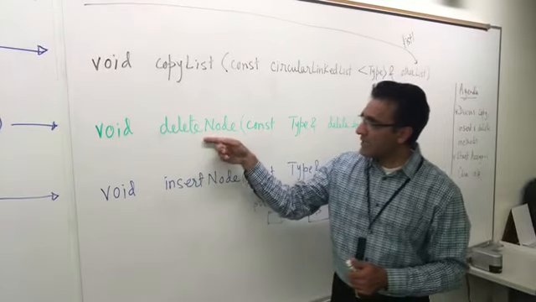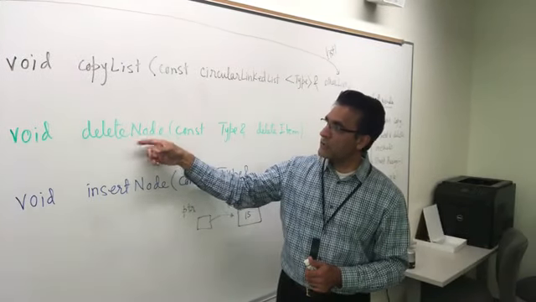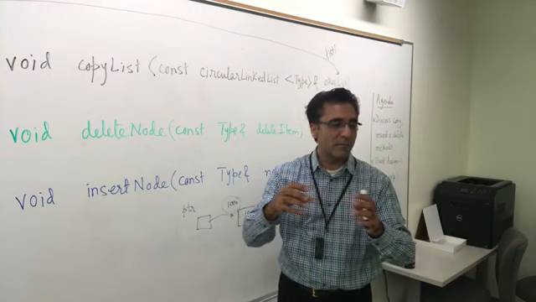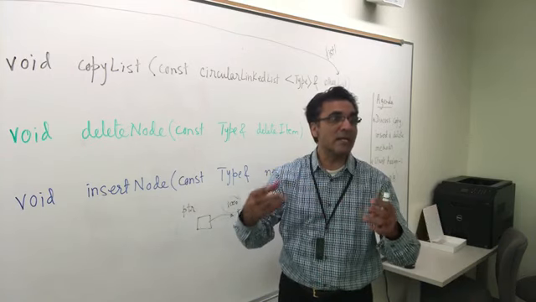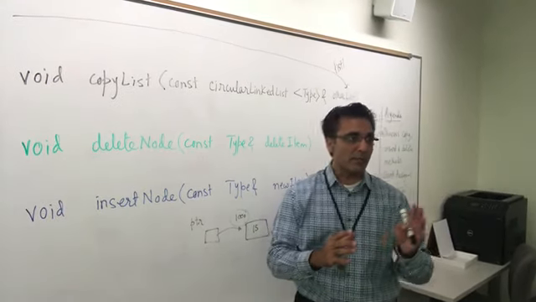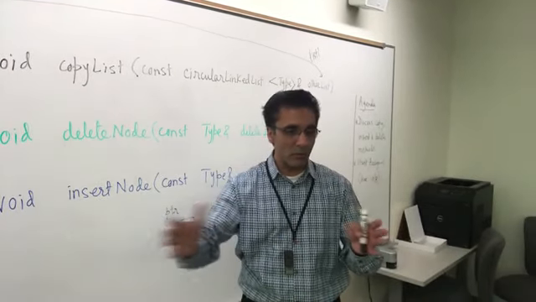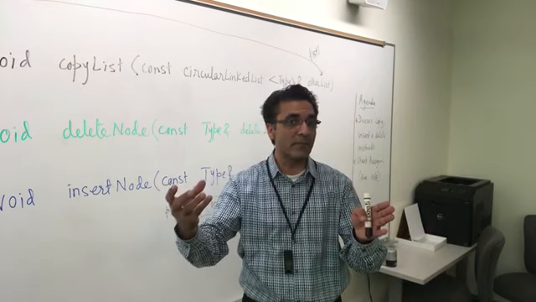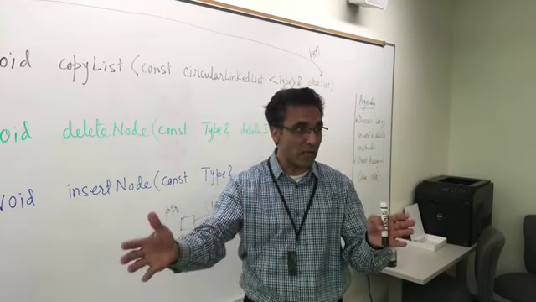So our delete node method is designed to delete a piece of data. Let's say we have added some data, and we would like to delete that data from that node. So I want to delete that node. The node could be the first node, the last node, or the middle node. So I have to search for that node in order to delete it. I do not know where that node is.